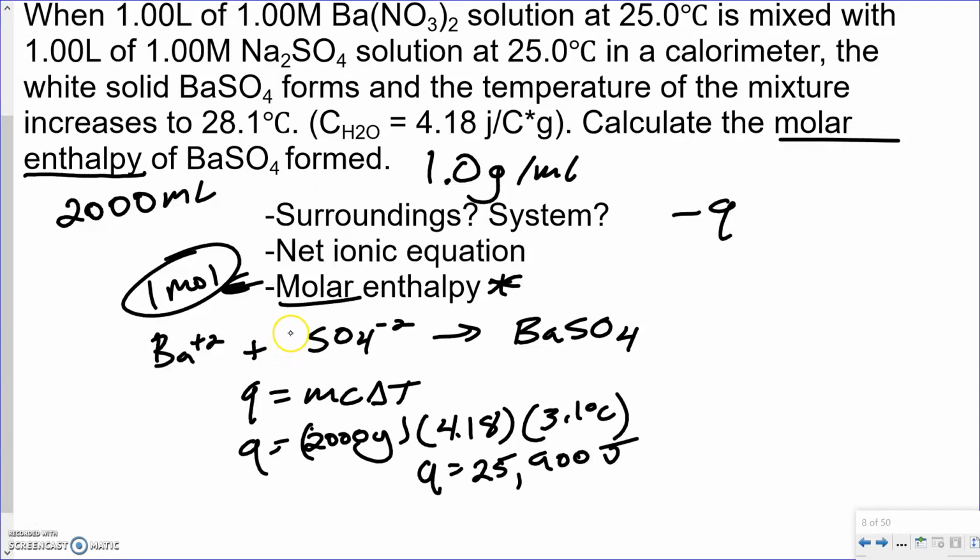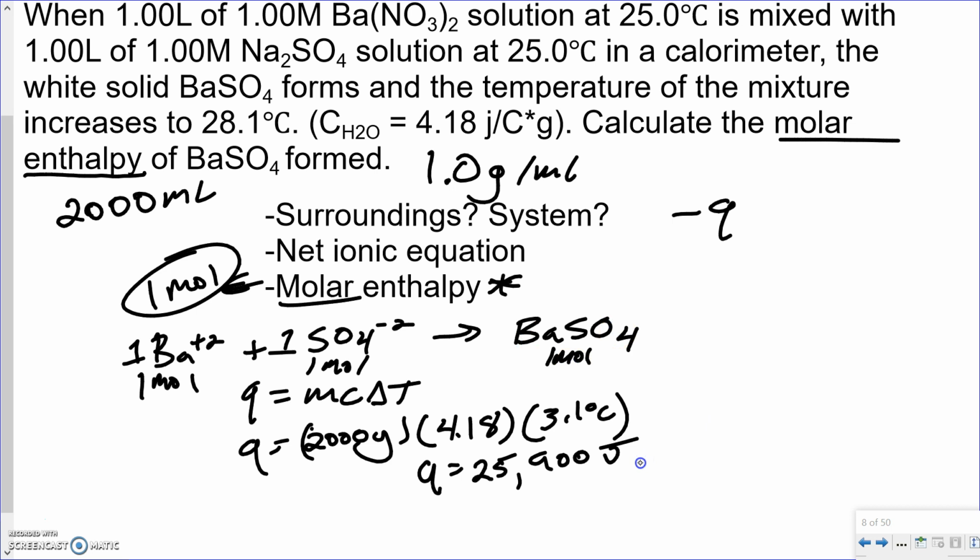And because we have 1 liter, 1 molar, we have 1 mole of each of these. So you can recognize that we have a 1-to-1 ratio, 1 mole reacting with 1 mole, which means we are creating 1 mole of barium sulfate. So this amount of energy is being produced from the formation of 1 mole of barium sulfate.